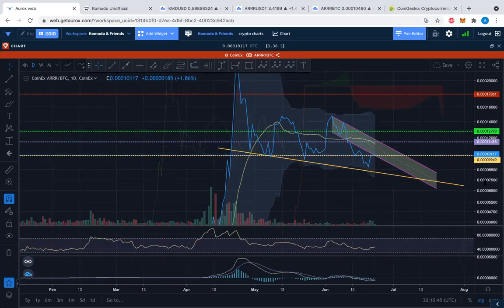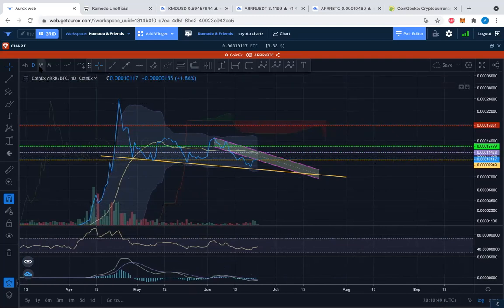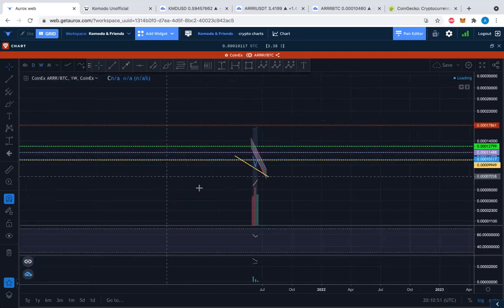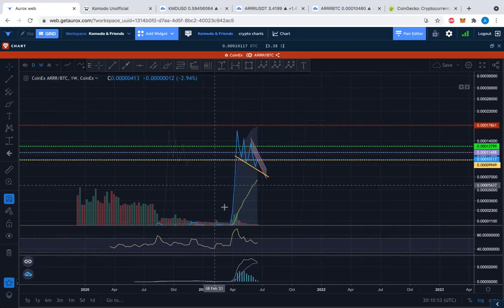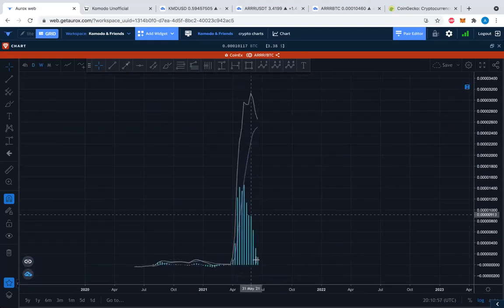Okay. But next week, yeah, because if we're looking at these weekly time frames, in the MACD sense, we're just getting into the negative territory.